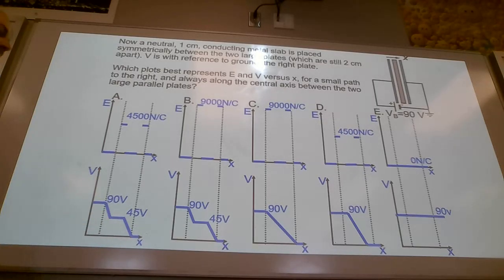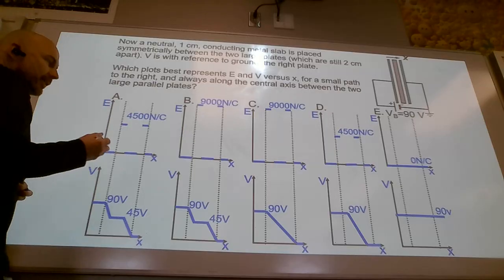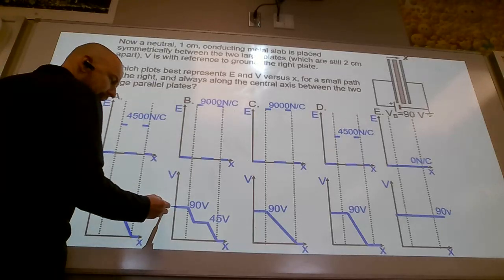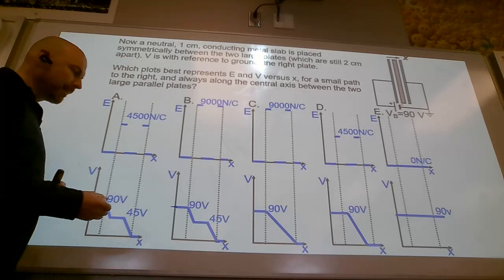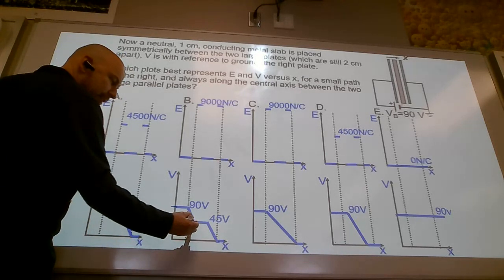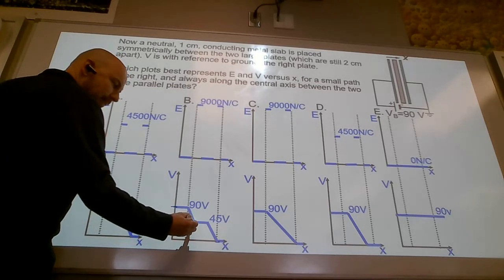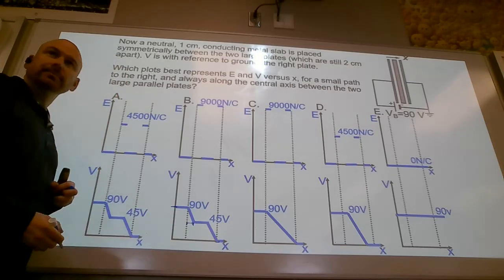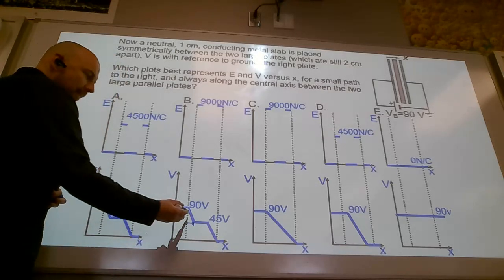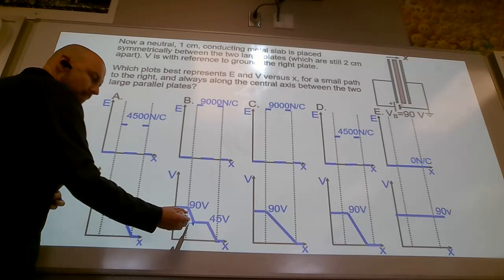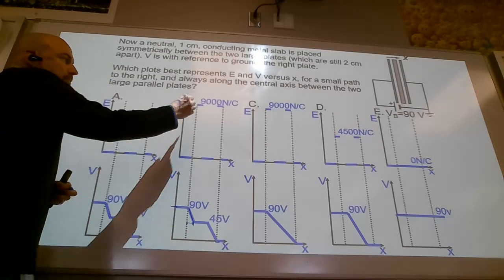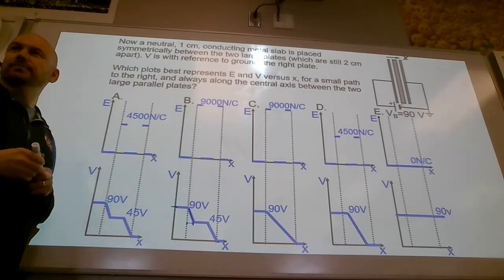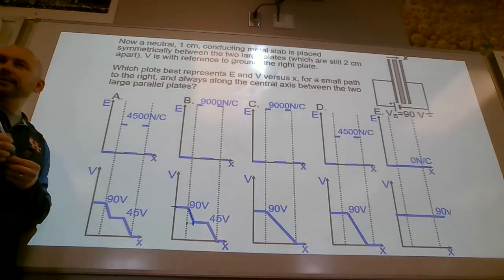We still need to go from 90 down to 0 volts, but we're doing that in a shorter horizontal distance. So the slope is going to be steeper, meaning you have a higher electric field. Does that make sense?